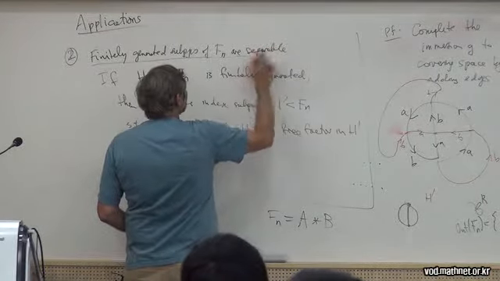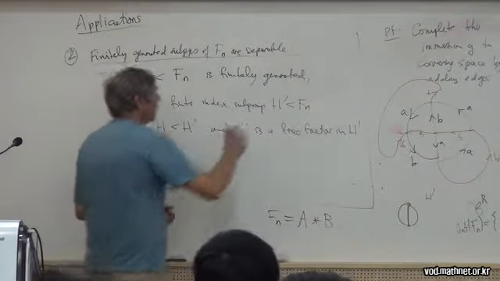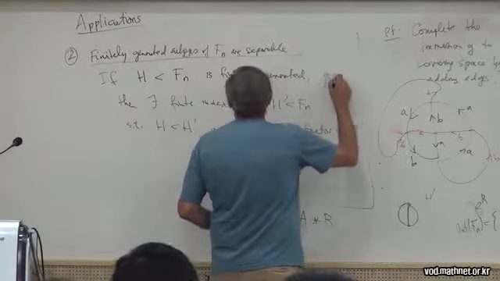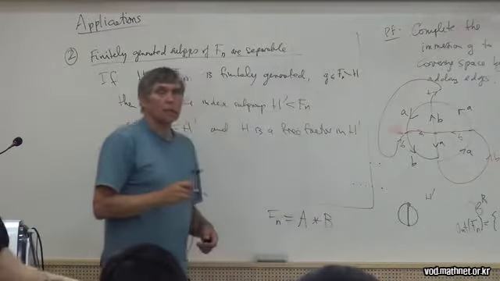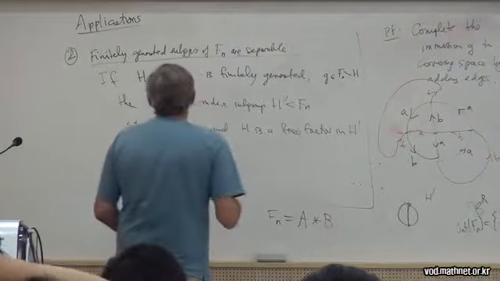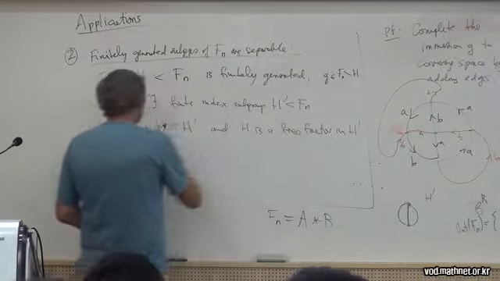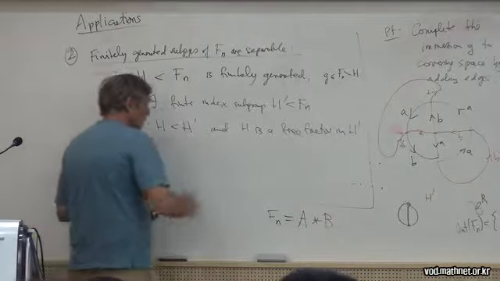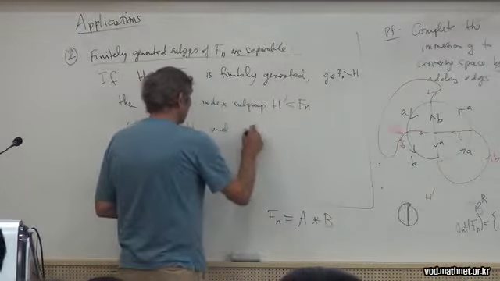What that means is that if H is a finitely generated subgroup, and if G is some element in the complement, so some element that's not in H, then there exists a finite index subgroup H prime, such that H prime contains H, and G is not in H prime.